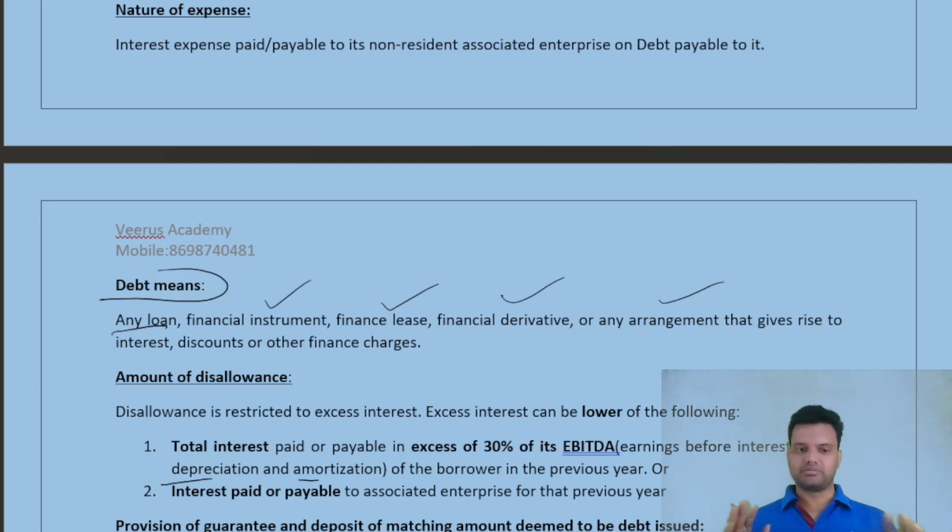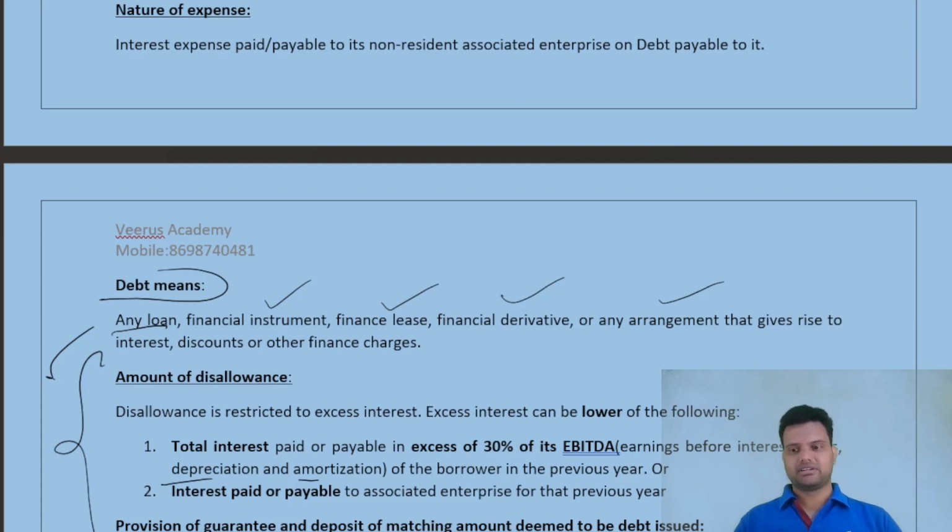That is section 94B. Now I'm moving on to another most important area in this provision, that is the amount of disallowance. To relate it better, you might have heard about section 40A(2) in profits and gains of business or profession.